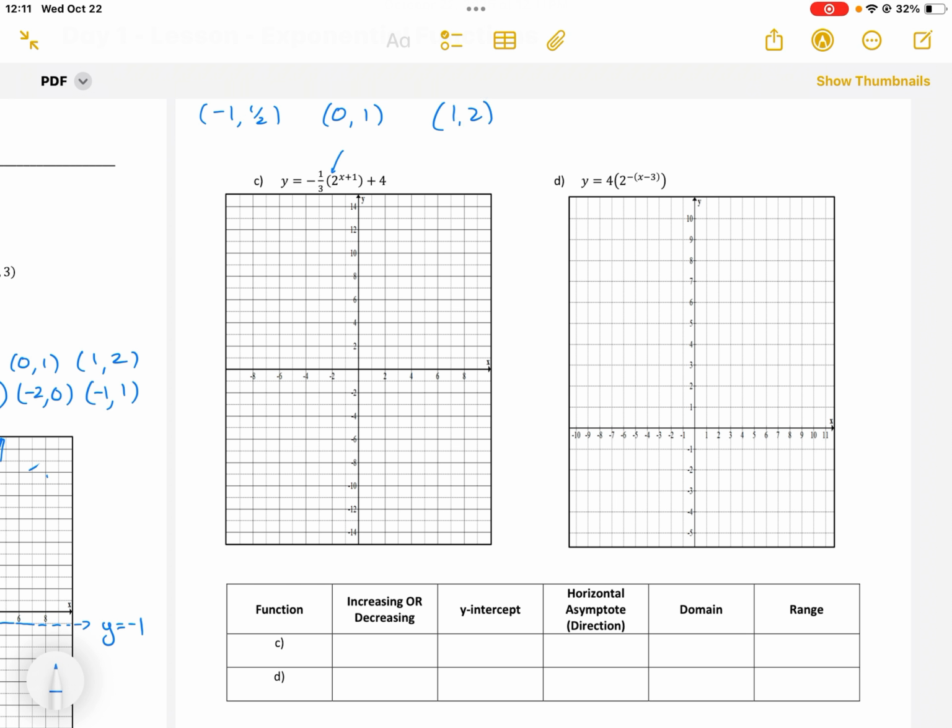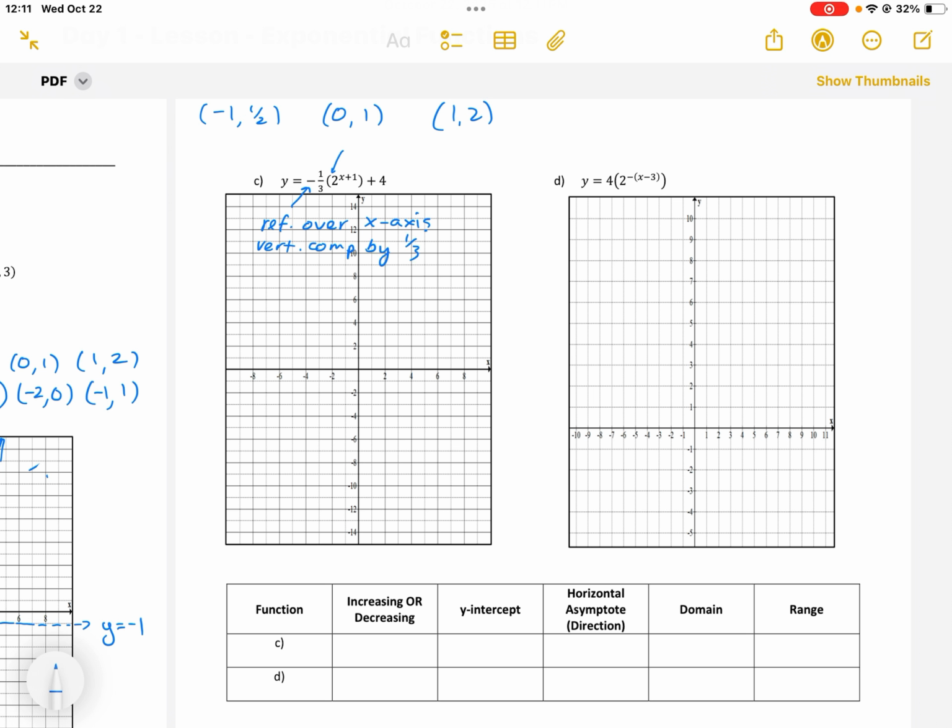So in this case, the transformations that I'm applying: I am reflecting over the x-axis, because that is a vertical reflection. I am vertically compressing by 1/3.